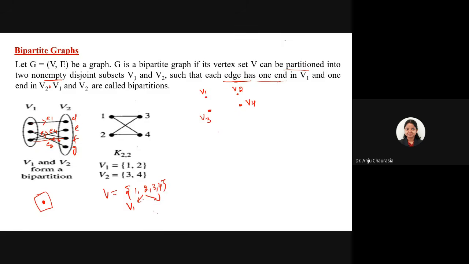So now students, if you agree with this graph, fine; if not, then ask me. Otherwise, I am drawing one more, because this is an important point of view: you can check whether this is a bipartite graph or not. So there should be no confusion. I hope my graph is correct.